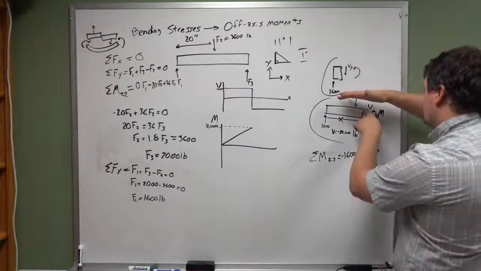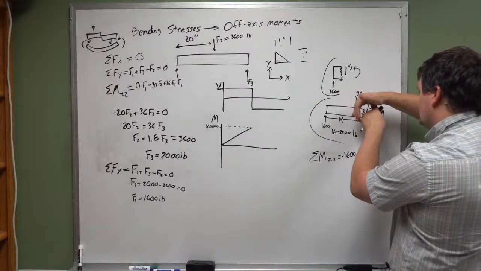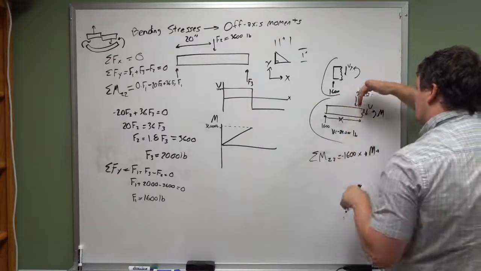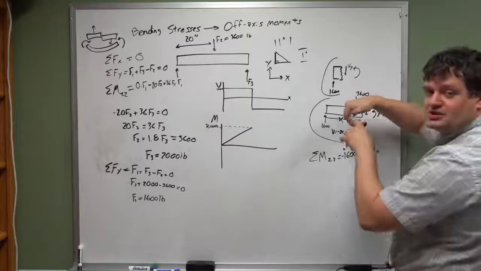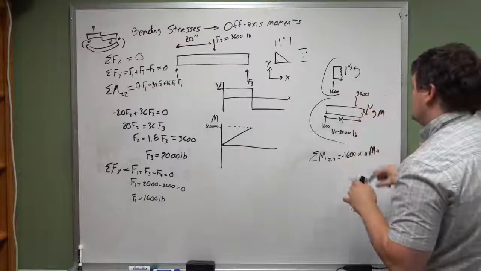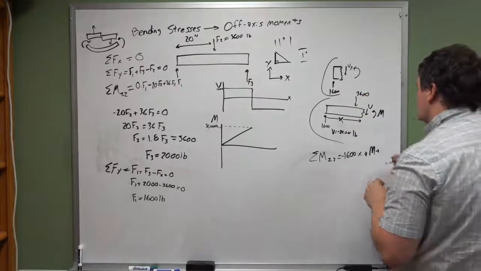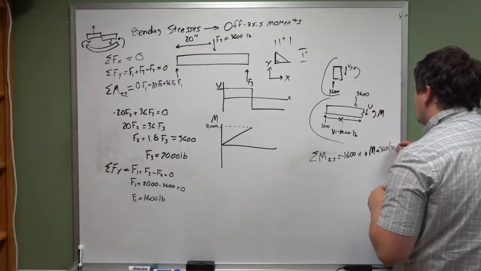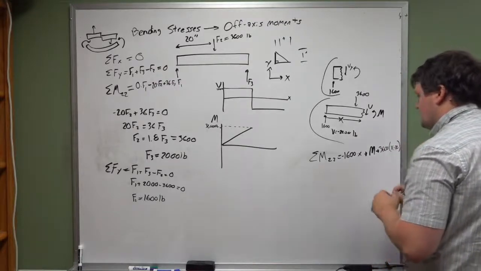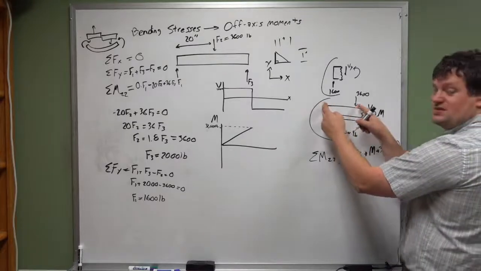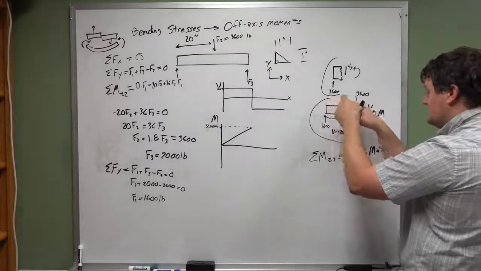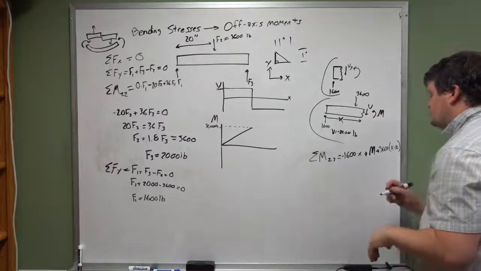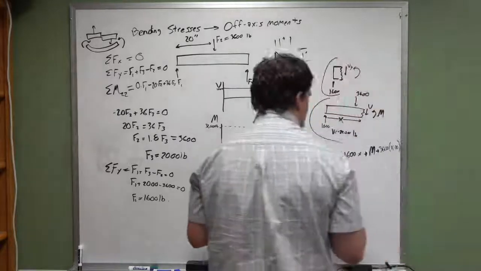The thumb comes out, so this is a positive moment. The distance, though, is 3,600 times x minus 20, because we have this minus 20 distance acting there. And we know that this is equal to 0.